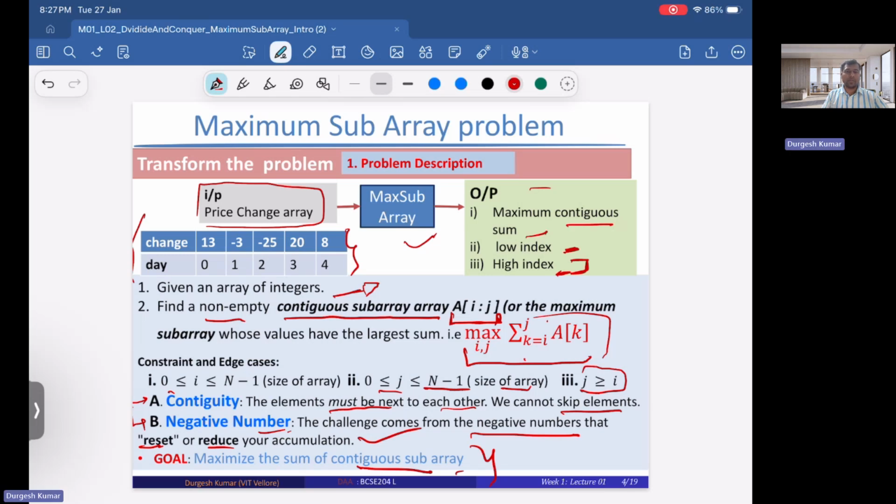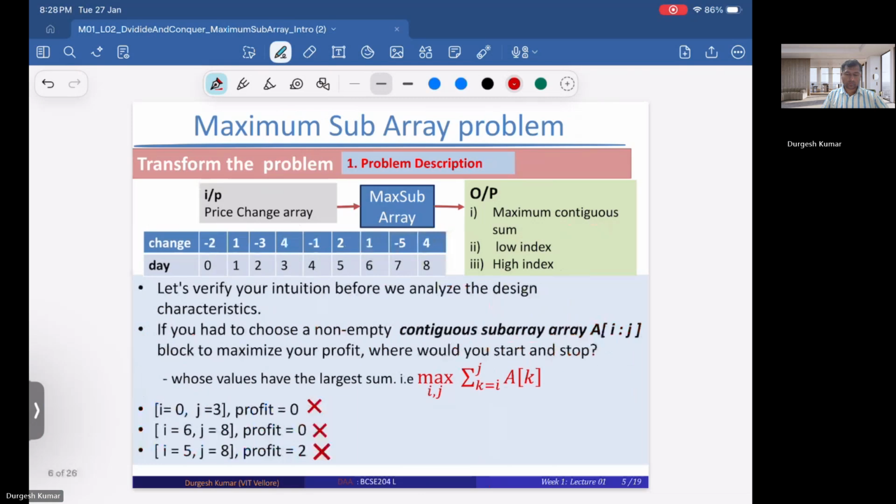So given an input array of integers, your algorithm should output the maximum contiguous sum, low index and high index, subject to the constraint i and j ranging from 0 to n minus 1, j greater than or equal to i.